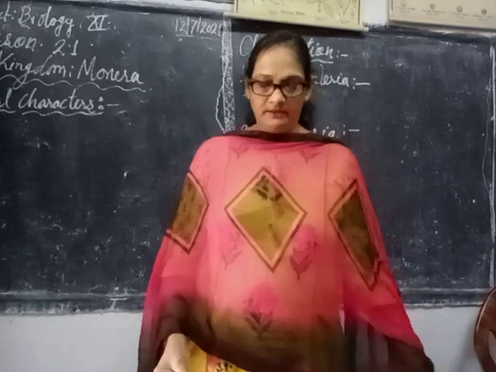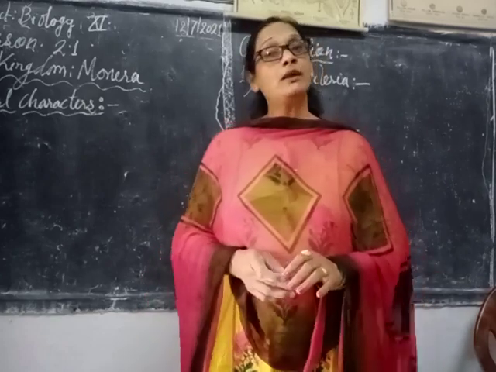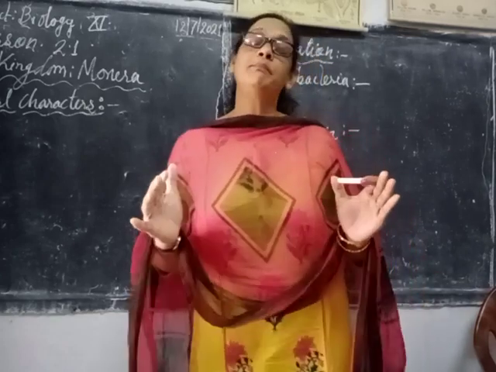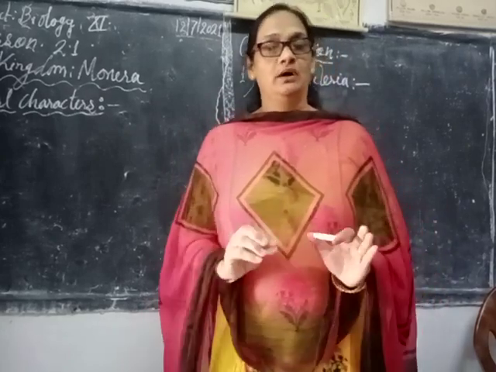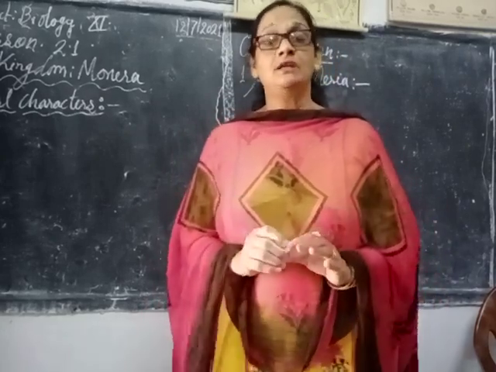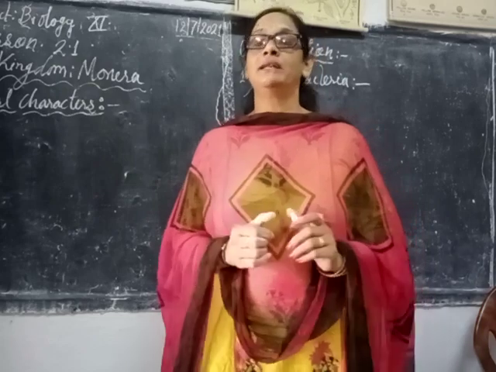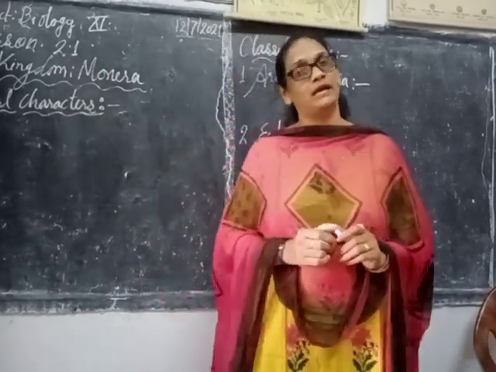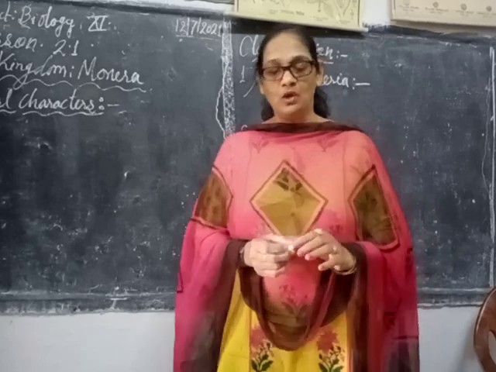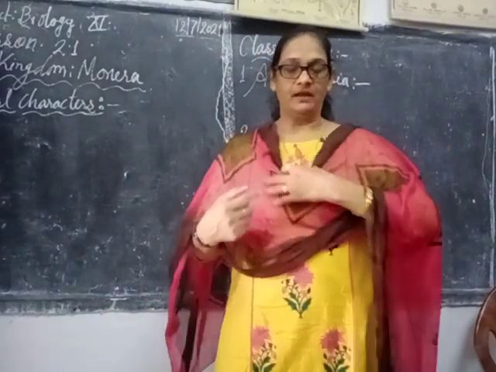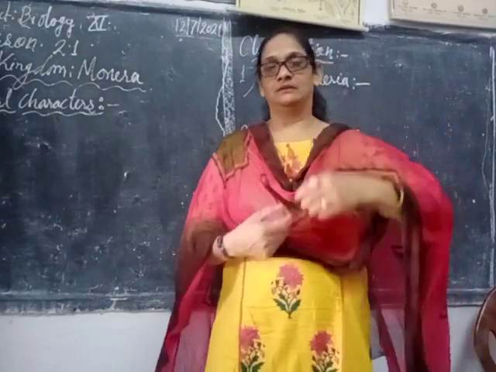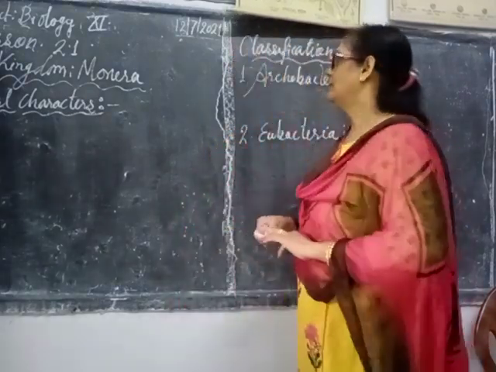They have no well organized nucleus. The nuclear material is scattered in the center of the cell, and there is no true nucleus. There are no membrane bounded structures like mitochondria, Golgi body, and endoplasmic reticulum. These are the common characteristic features.